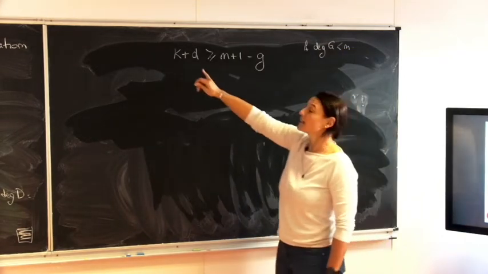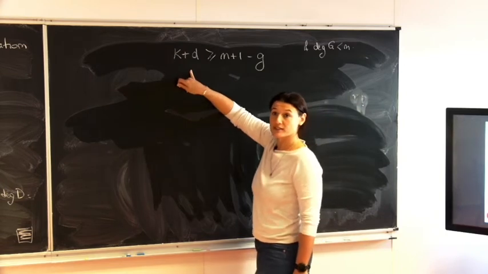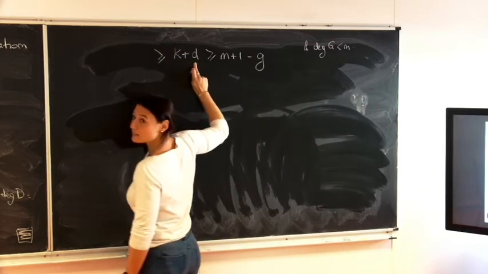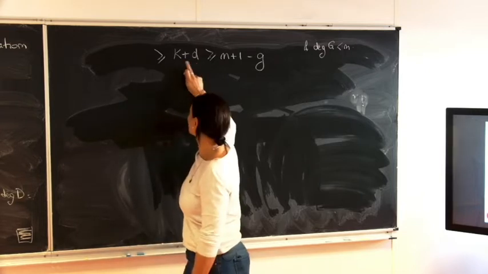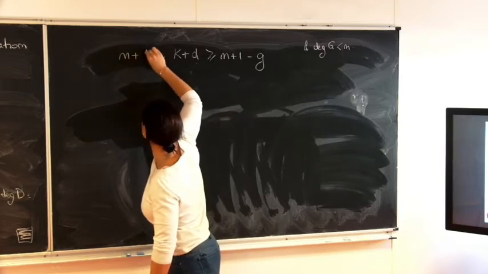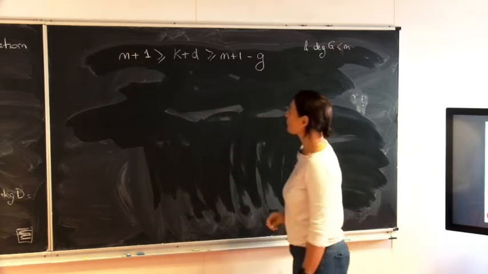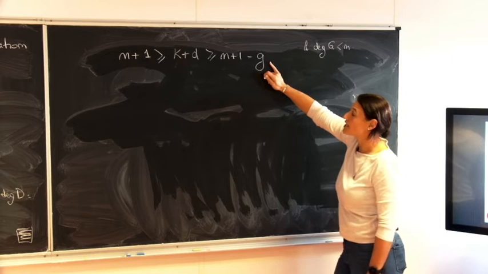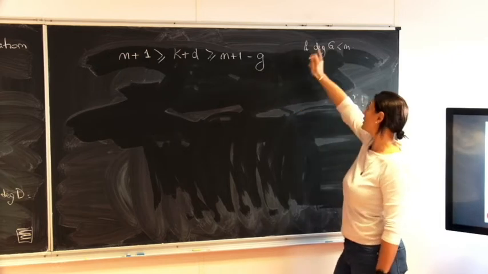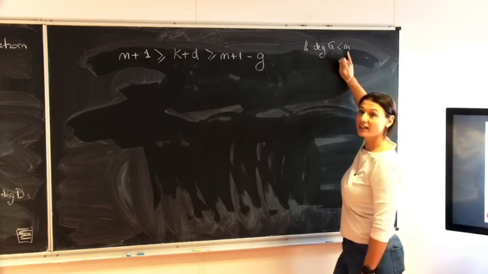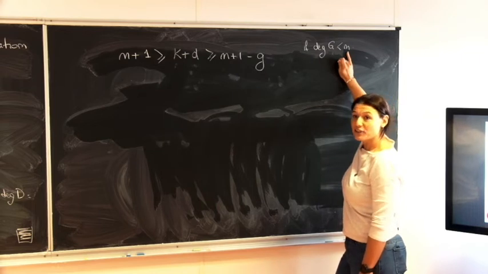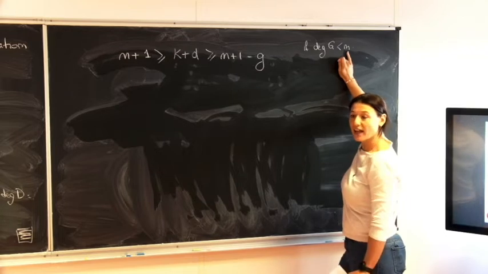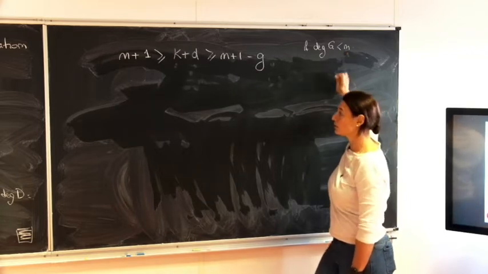But we always have the Singleton bound that we saw in the first session that says that the dimension plus the minimum distance cannot go over n plus 1. And so what we have for algebraic geometry codes such that the degree of G is less than n is that if the genus of the function field is 0, then the code that I get is an MDS code.